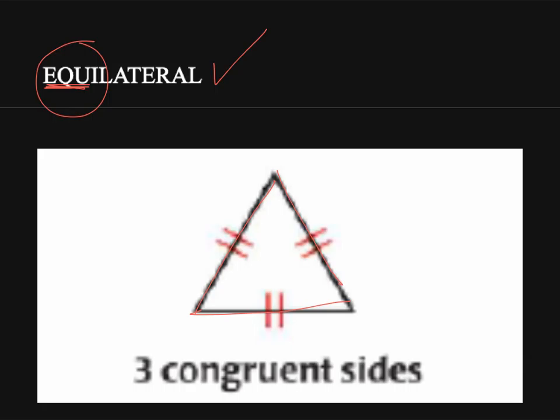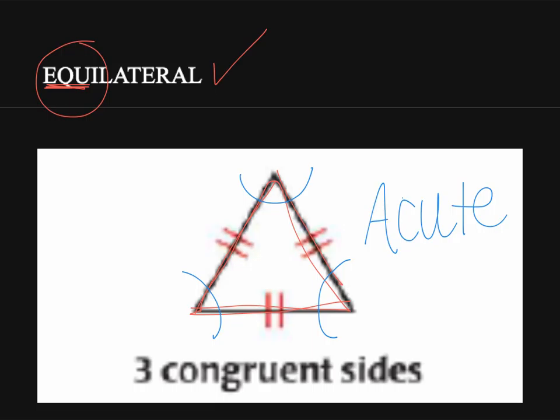Now, what I said before about the angles, so you can see here, looking at the sides, yes, this is an equilateral triangle, but looking at the angles here, I have 3 acute angles. What do we call a triangle that has 3 acute angles? We call it an acute triangle. So this triangle right here could be named an acute equilateral triangle. See? 2 names.